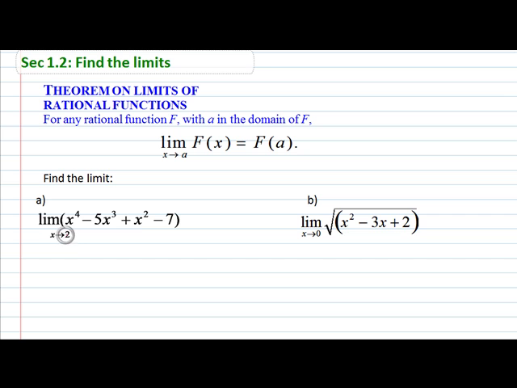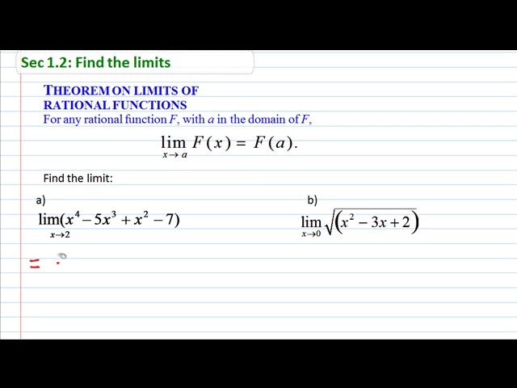So a equals 2 is inside the domain of this function. Therefore, to find the limit of this function, all we have to do is evaluate the function at a by using this theorem and the limit property or principle.